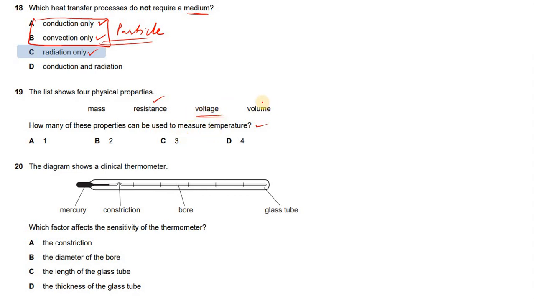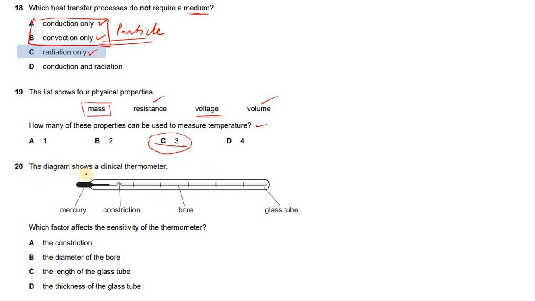And then volume also can be used to measure the temperature, as in Boyle's law. So there are 3 quantities that we can use. Measurement of mass cannot help us to figure out the temperature of the object. So resistance, voltage, and volume, all these 3 can be used to measure temperature. So there are 3 quantities.